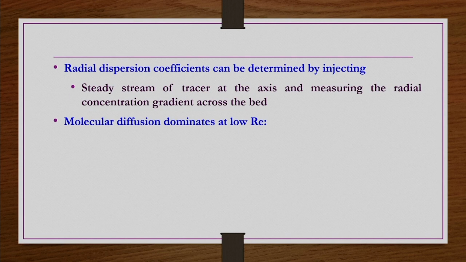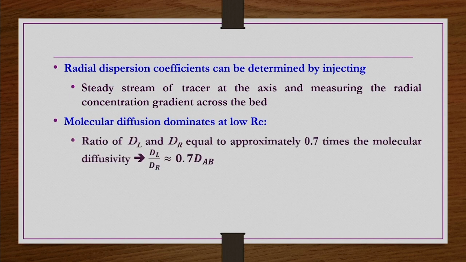So, we understand that molecular diffusion dominates at low Re. The previous expressions we have done only considering dl. Now you have to consider both dl and dr. It is found from experimental results that dl by dr is approximately 0.7 times the dAb at low Reynolds number.